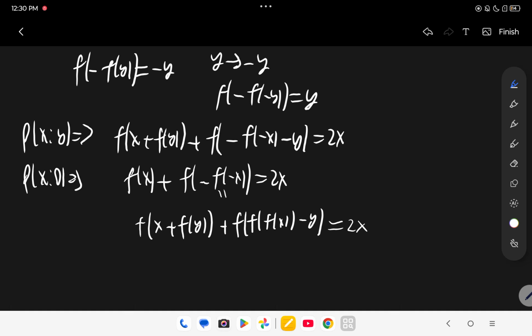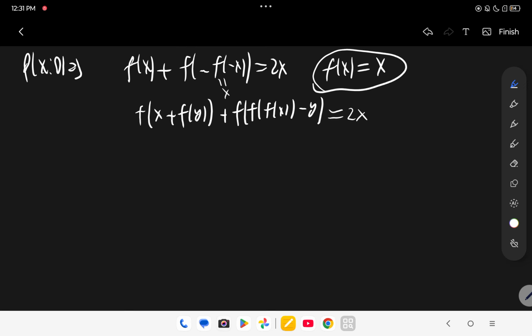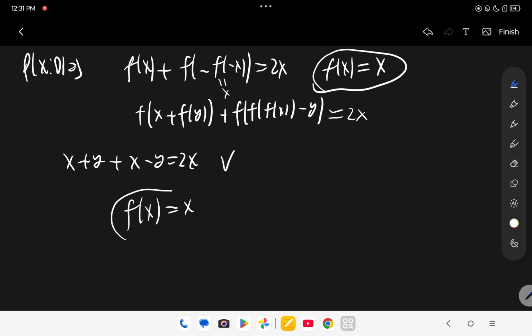And we know that this is x, so we get that f(x) is equal to x. And we are done, but we have to check the answer. So f(x plus y) plus x minus y equals 2x, which is correct. So we get the only answer, f(x) is equal to x.